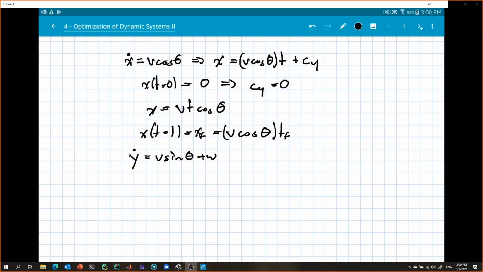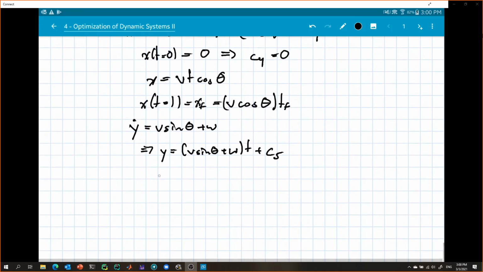So then we integrate, and we get an integration constant C5. y at 0 is equal to 0, so that means C5 is equal to 0. y at tf is equal to 0.